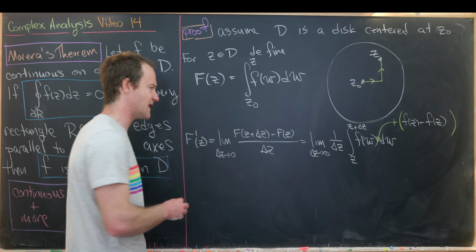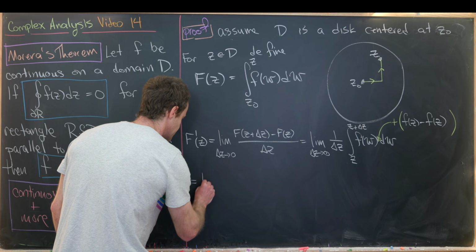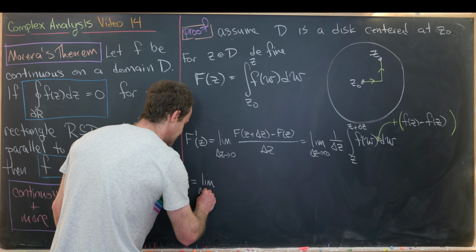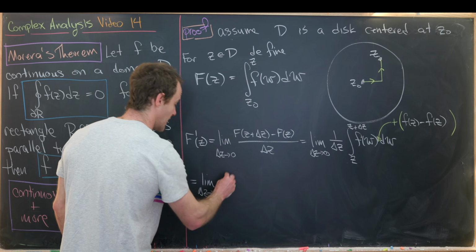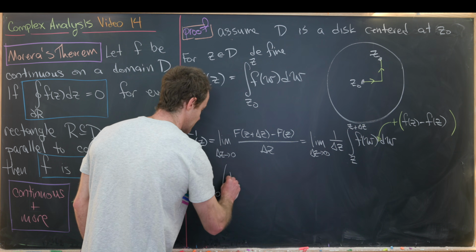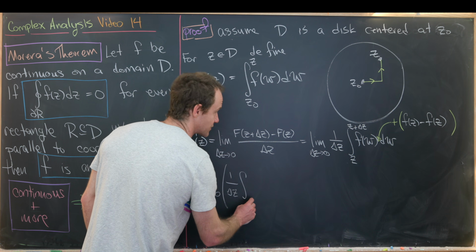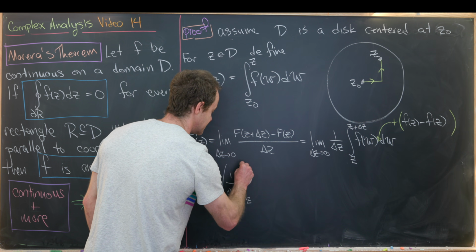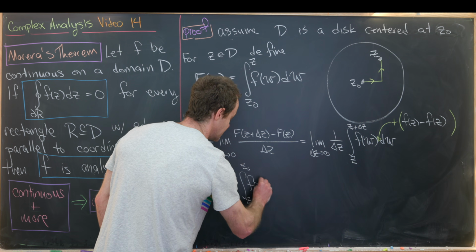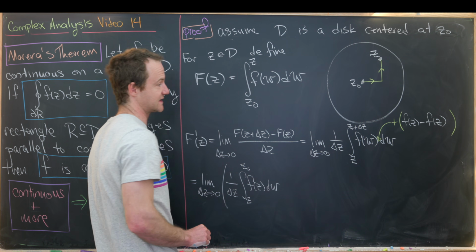Okay, so let's write that down a little bit more carefully. This is going to be the limit as delta z goes to 0 of, now we have a bunch of stuff: 1 over delta z times the integral from z to z plus delta z of f of z dw. So that's that.